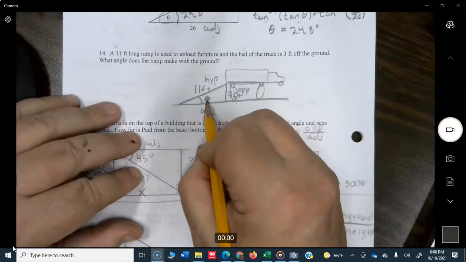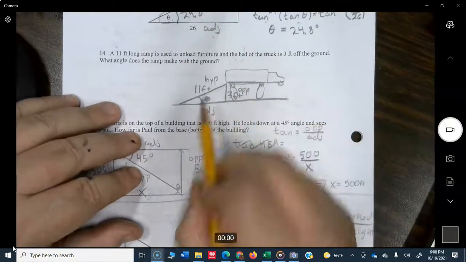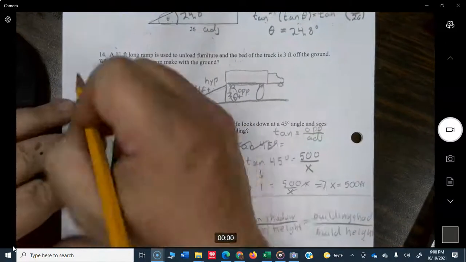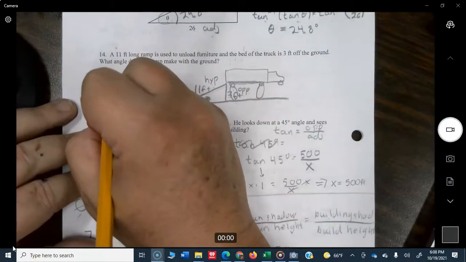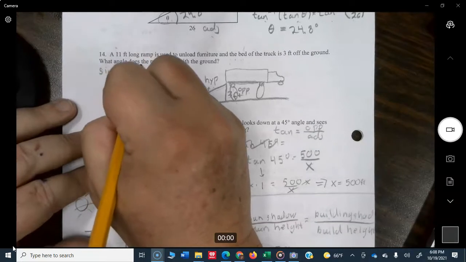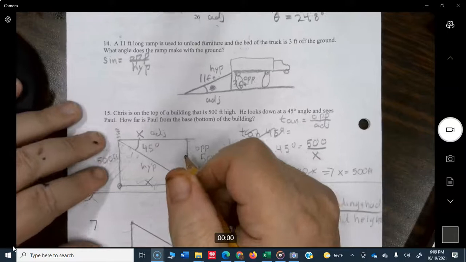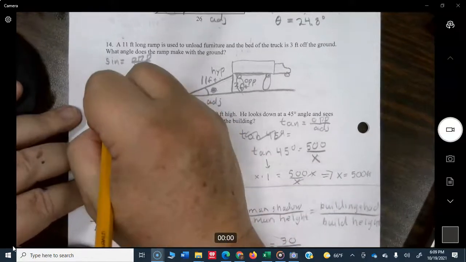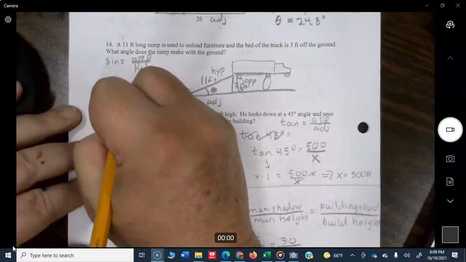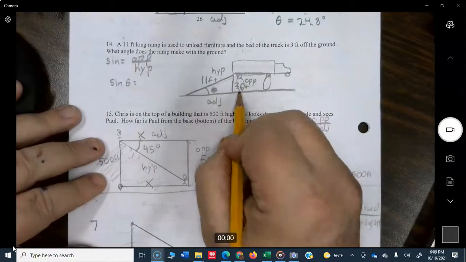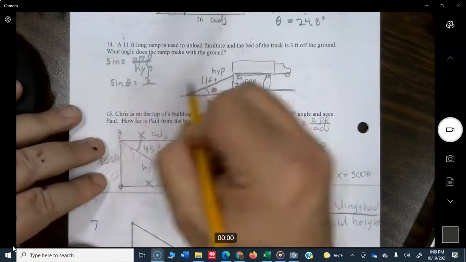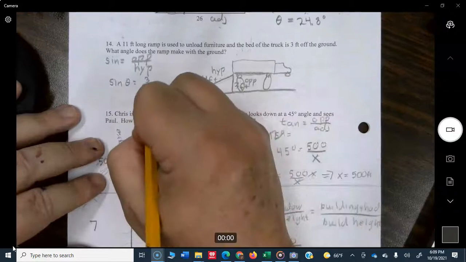So what we're trying to find is this angle. We know opposite and hypotenuse. That is the sine relationship. Sine equals opposite over hypotenuse. So now let's plug in the numbers. Sine theta equals opposite is 3 feet over hypotenuse is 11 feet.